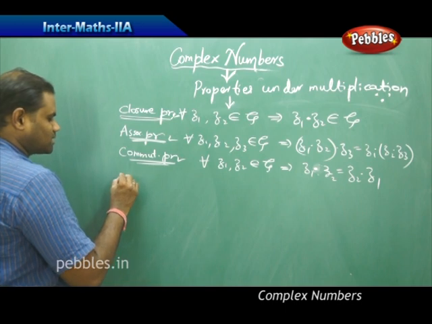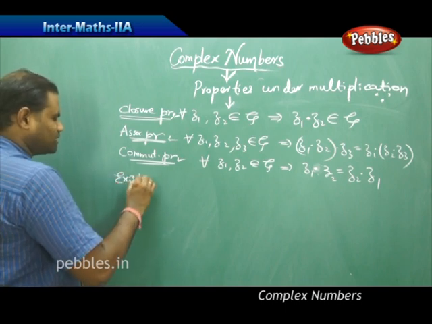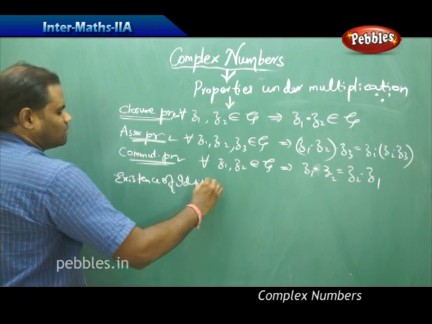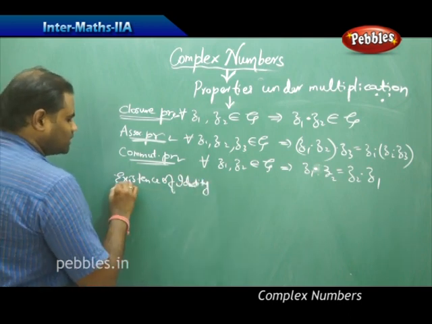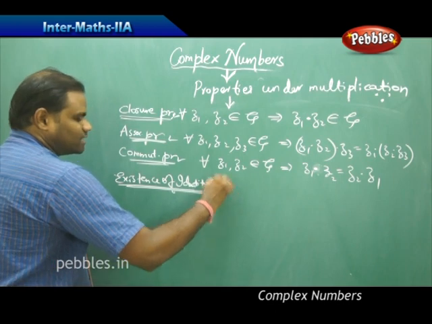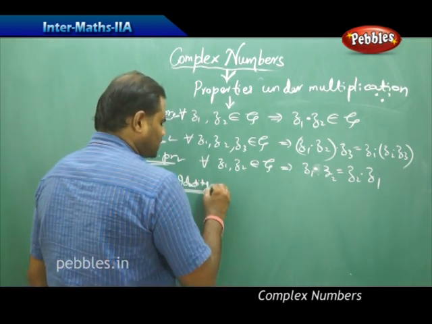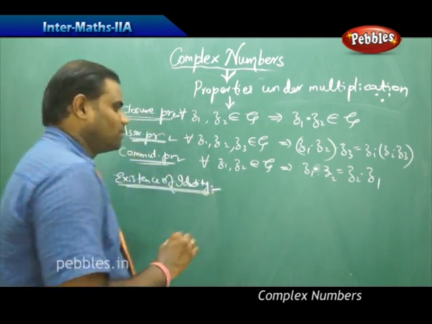Then the next is existence of identity. In case of identity, we have identified that the additive identity is 0, 0, but here the multiplicative identity is what we are going to discuss.